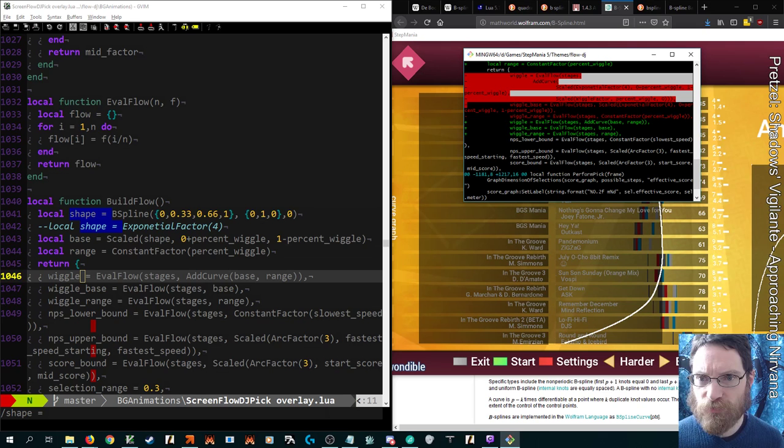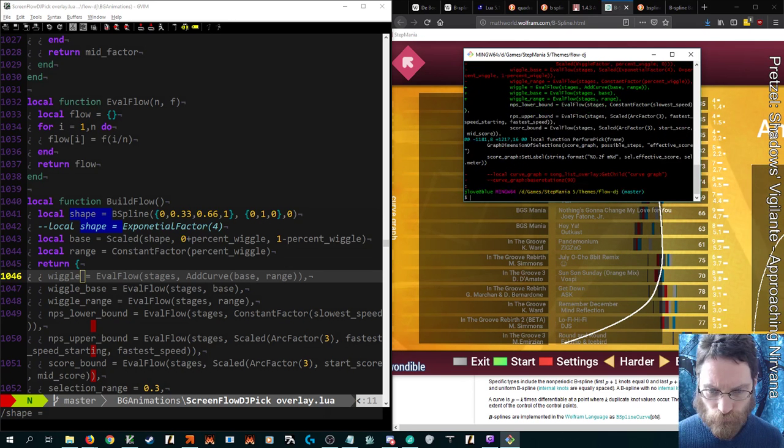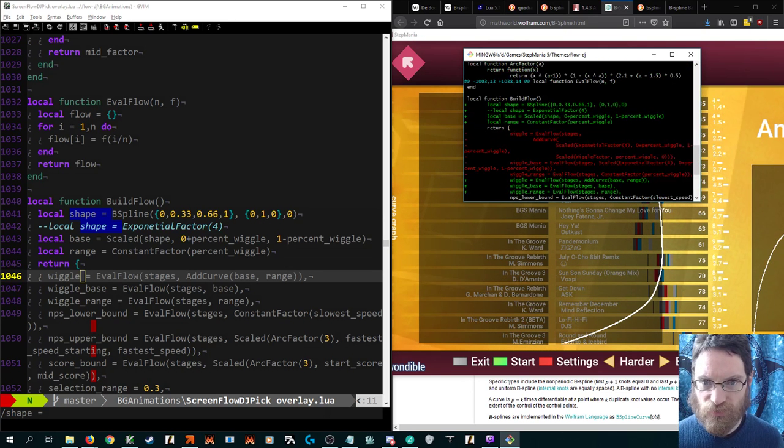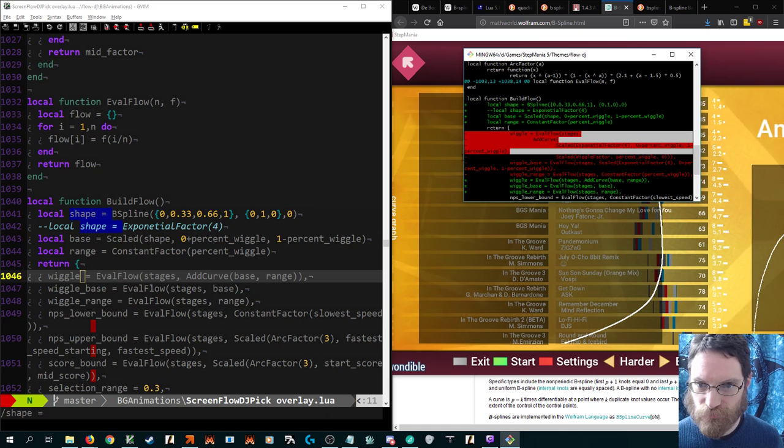Okay, so that's your shape. Oh, this is the range for display. This terminal.